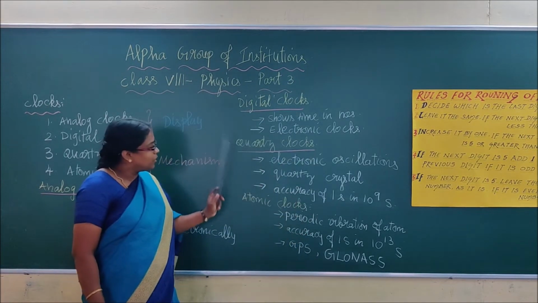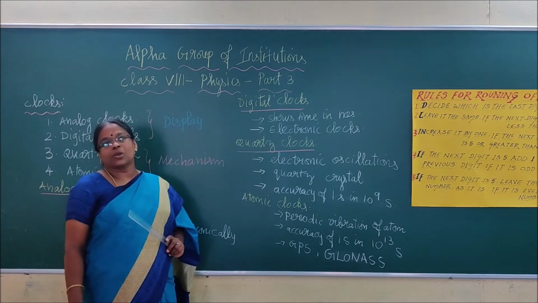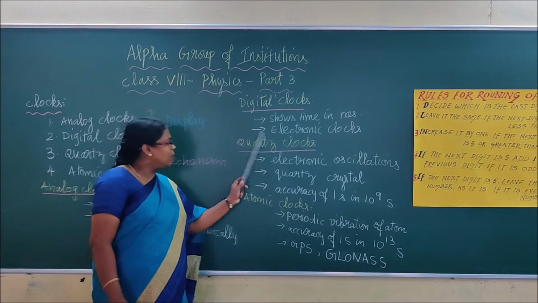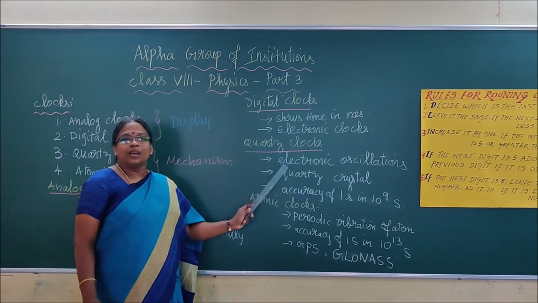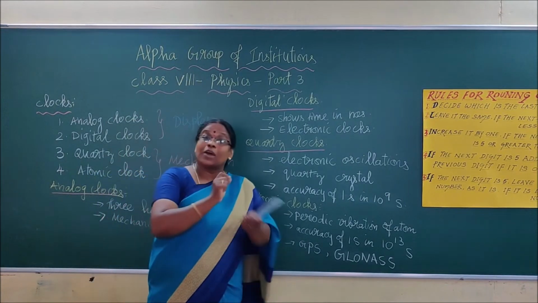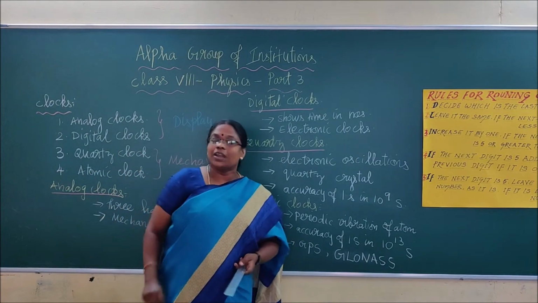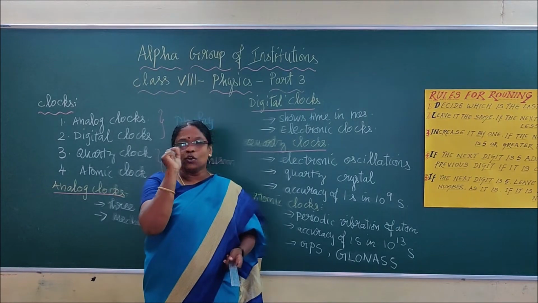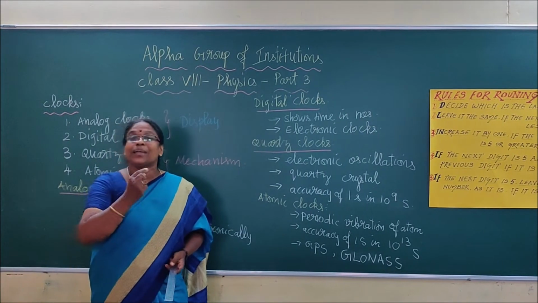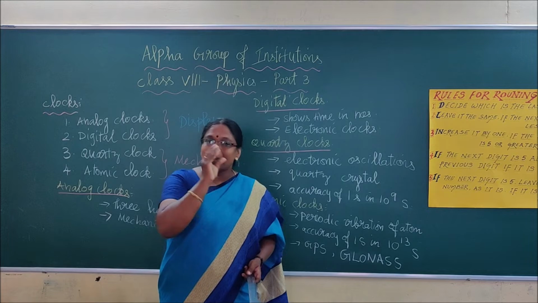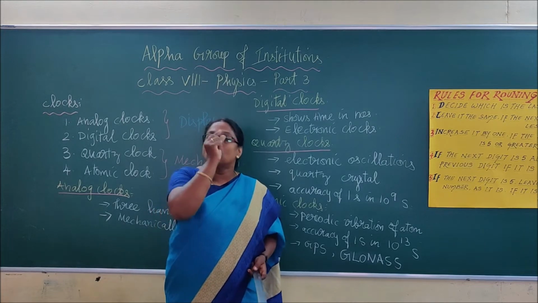Now coming to the next one, scientific based clocks, the quartz clock. This word, children, quartz. In most of the watches, it would have been written there, quartz. Have you seen the spelling? Q-U-A-R-T-Z. It's a type of crystal, children. That particular watch will be made of quartz.